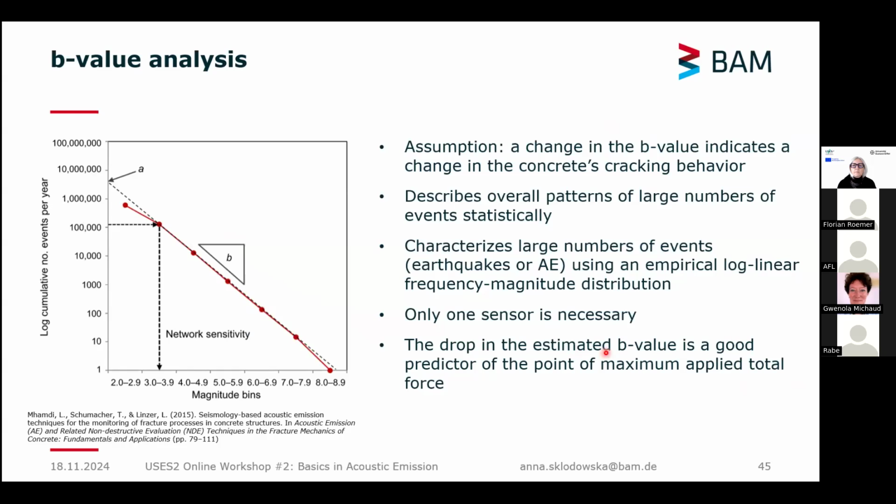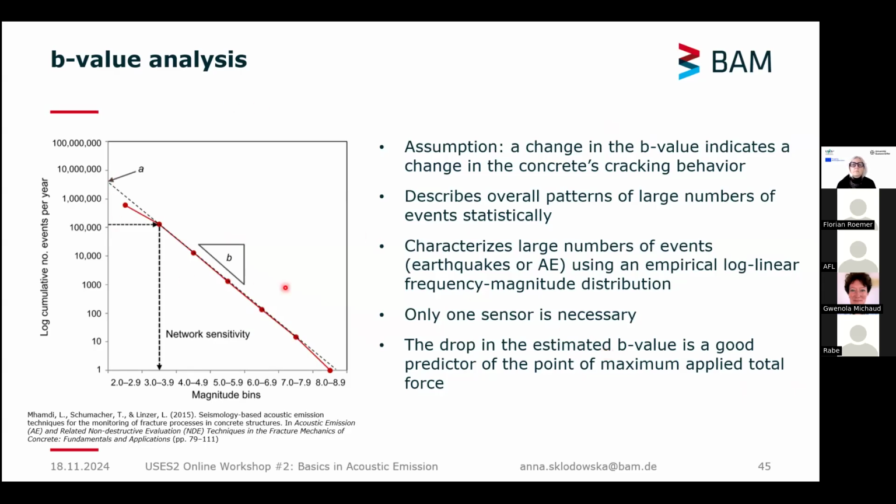Another thing that is based on parameter evaluation is the b-value analysis. This comes strictly from seismology, and it's not very commonly used, but it's there. The assumption for the b-value analysis is that a change in the b-value indicates a change in the concrete cracking behavior.